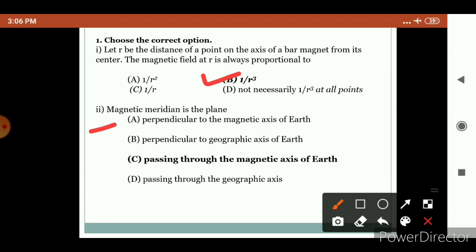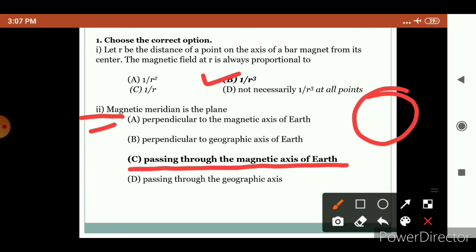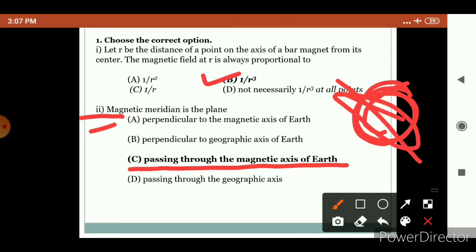Magnetic meridian is the plane... Now, as I said, there is Earth's magnetism. In Earth's magnetism, they have given two meridians, the geometric meridian and the magnetic meridian. This magnetic meridian passes through the magnetic axis of the Earth. As we know, our Earth is a natural magnet, which has a south and north pole, which are slightly inclined with the axis.